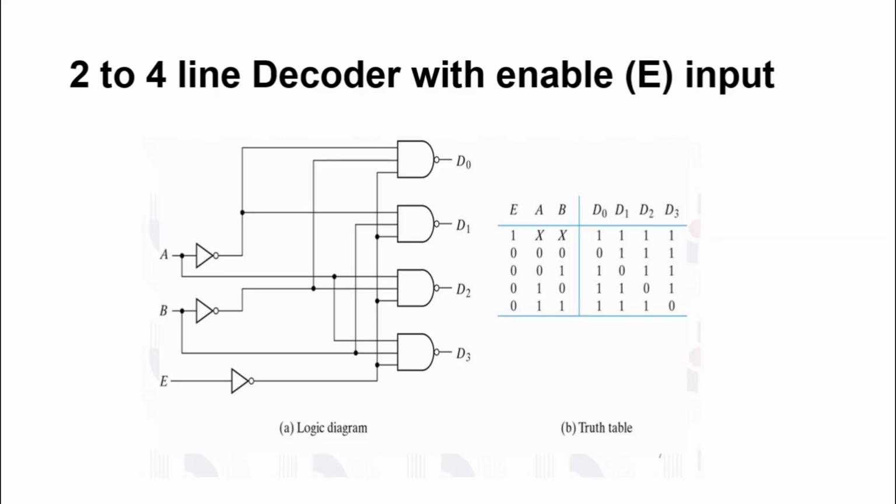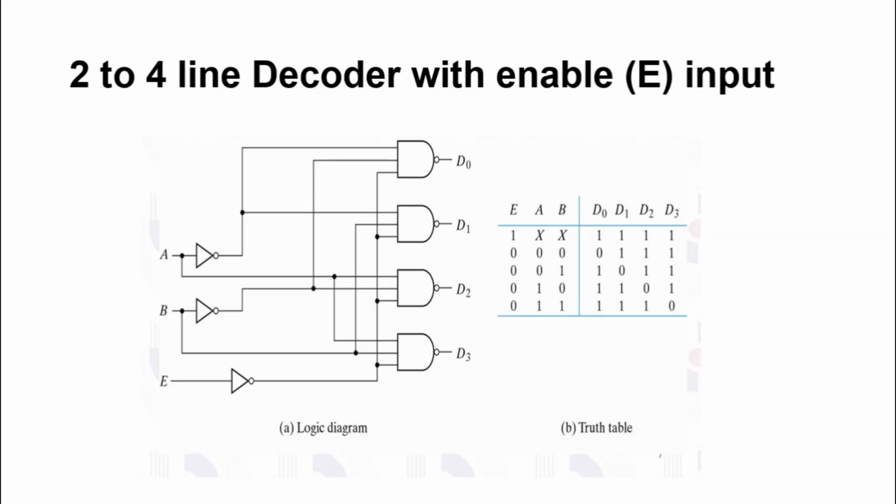So here we have shown the 2 to 4 line decoder with enable input E, and here we have used NAND gates. If A, B both are 0, 0, and the enable is active low, that means it is 0, then D0 will be selected and D0 is active low.